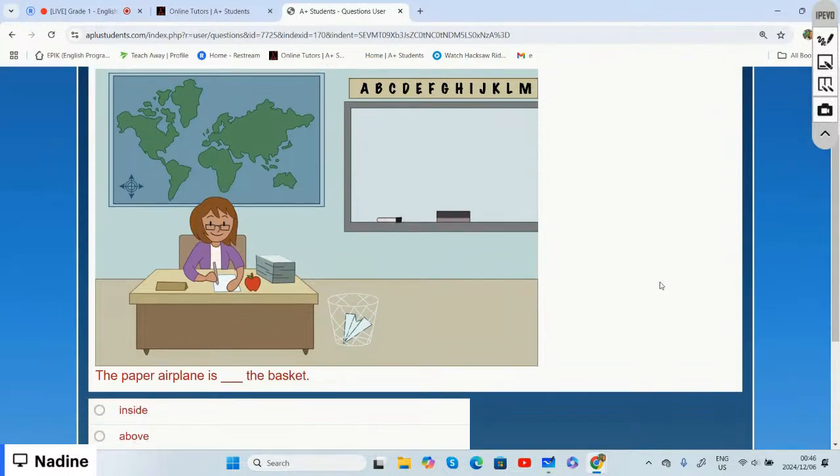Do we say that the paper airplane is inside the basket, or do we say it is above the basket? All right, and if we were to identify, then we can say the paper airplane is inside the basket.